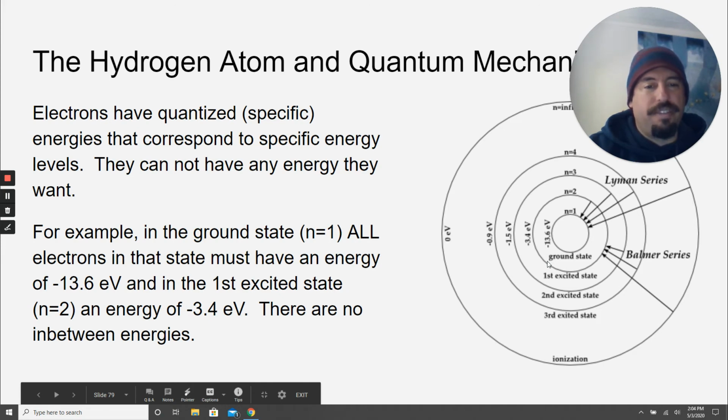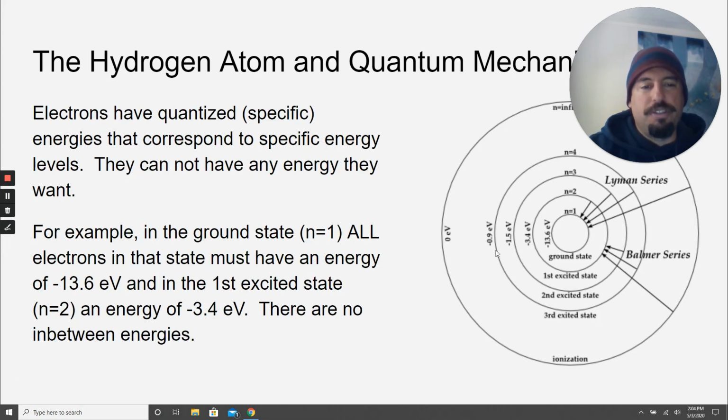Why are they negative? The reason these energy levels are negative is because if an electron is down here at the ground state, it requires 13.6 electron volts in order to get it to 0. And when it becomes 0, that electron is released from the hydrogen atom. It would ionize that atom.